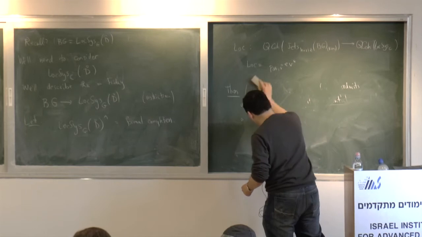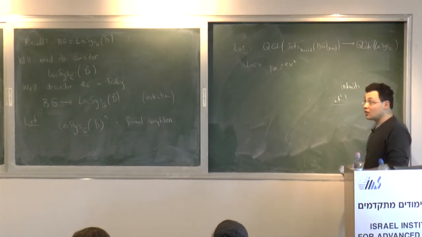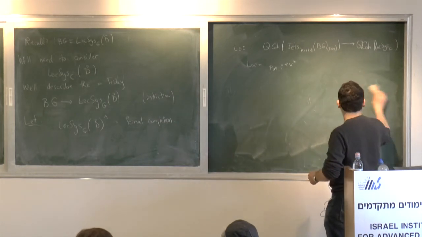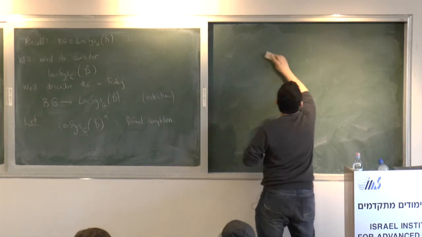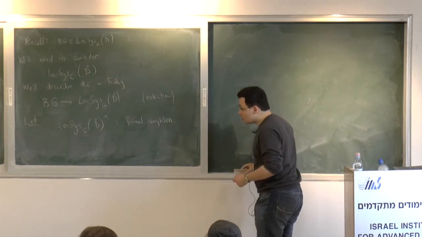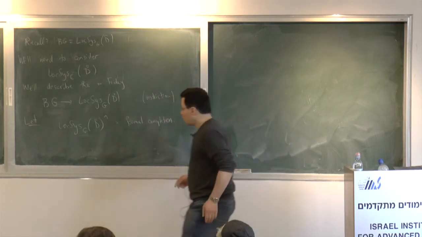So formal completion is an operation that makes sense for any map whatsoever. It has another name, formal completion, which we'll see later, which is the relative de Rham space, or relative de Rham stack.